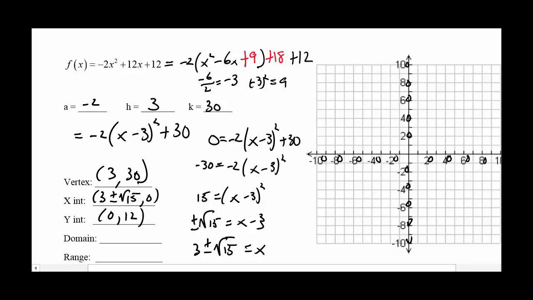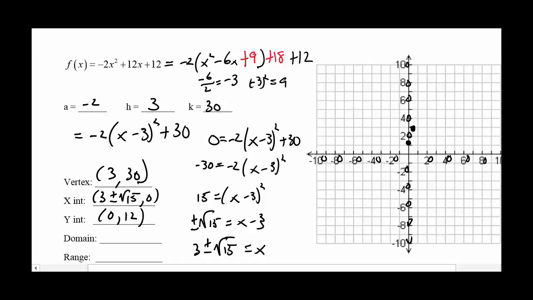We'll see here. So 0, 12 would put it right above there, the way I've got mine set up. And the vertex at 3, 30 would put it right there, actually. It's a little off to the side.